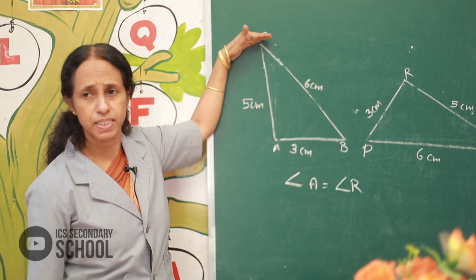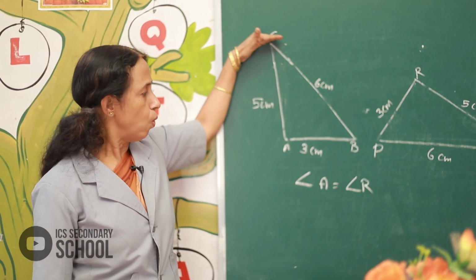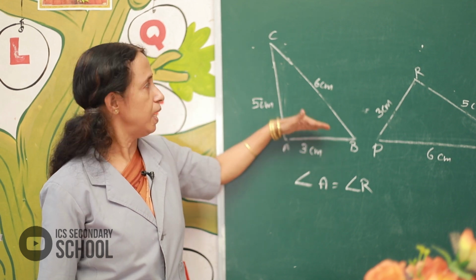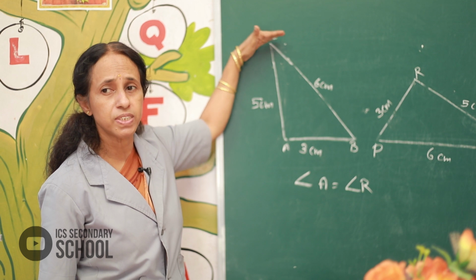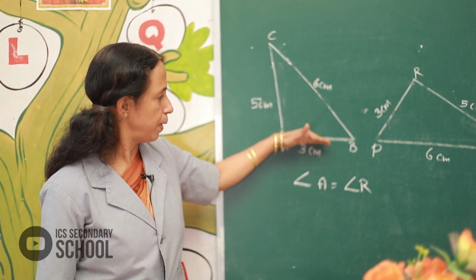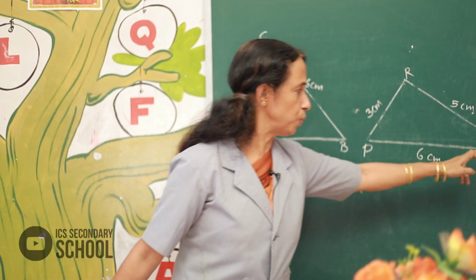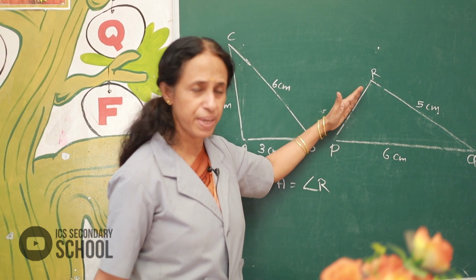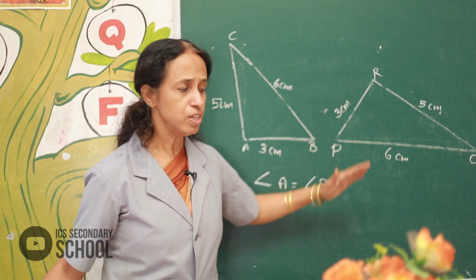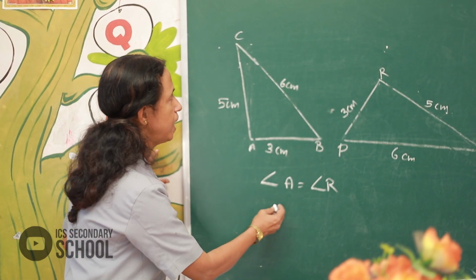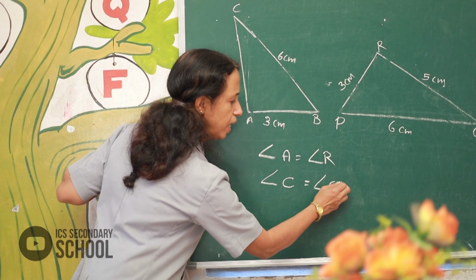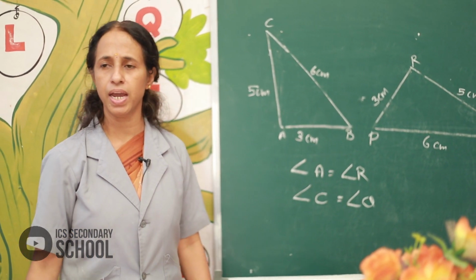Angle C is the opposite angle of side AB. Angle Q is the opposite angle of side PR. So we can write angle C is equal to angle Q.